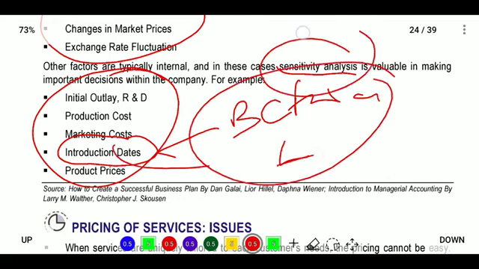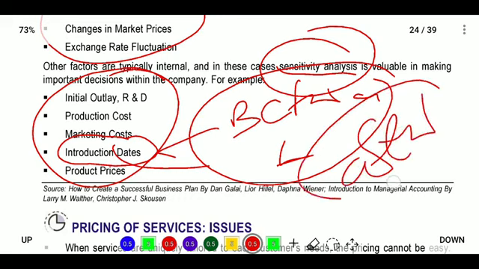That adds to your sensitivity analysis. If you produce them after Diwali, the sensitivity is of no use, because after Diwali there is little demand for crackers.